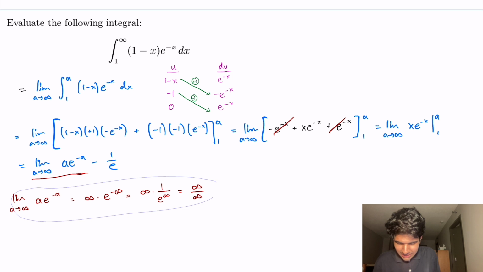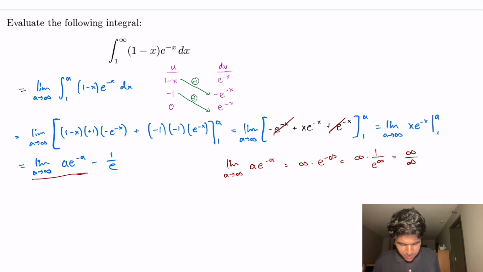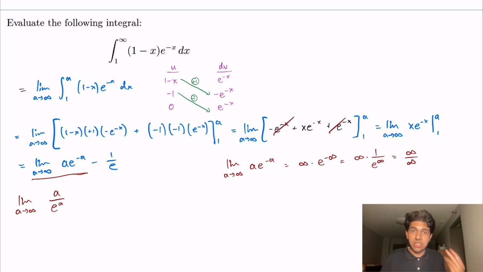just move this off to the side, and we can say that the limit as a approaches infinity of a e to the negative a, which I'm going to now rewrite as a over e to the a, which is an equivalent form, but since we know we have to use L'Hopital's rule, we need a numerator and denominator.